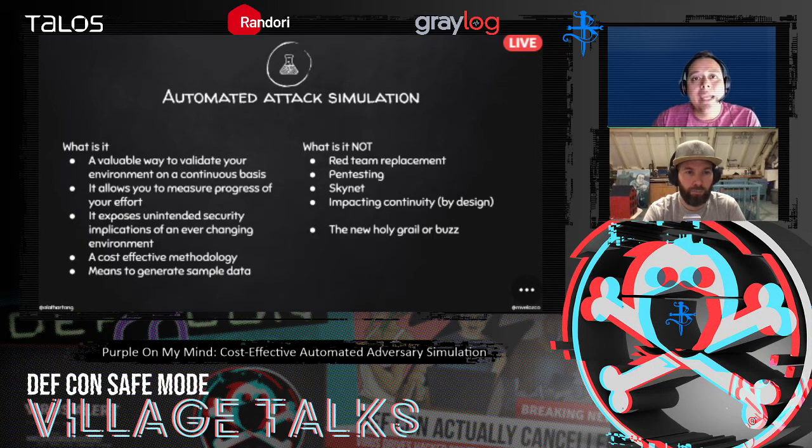But with automated adversary simulation, we can continuously check if those controls are working. It's basically also a way of generating telemetry, right? And we use this telemetry to validate the environment, to validate the health of a detection program on a continuous basis, as Olaf was saying.